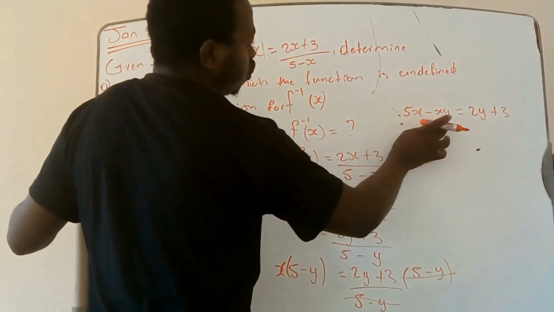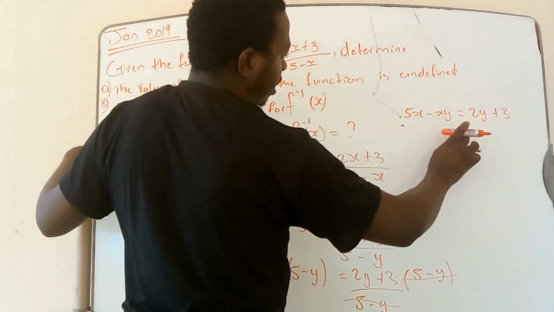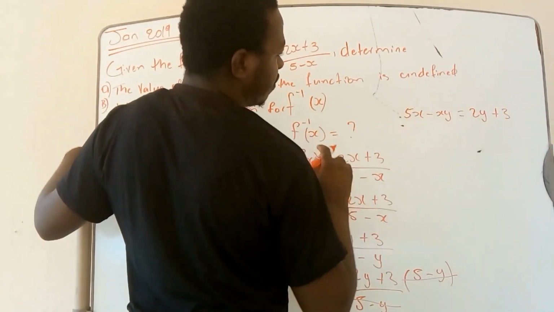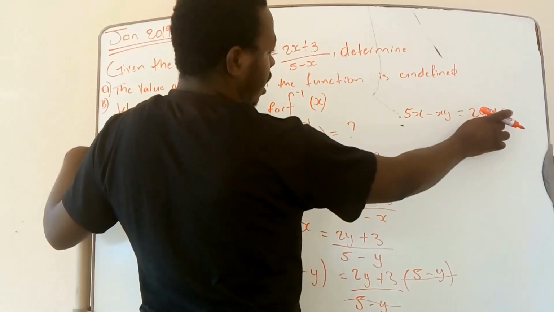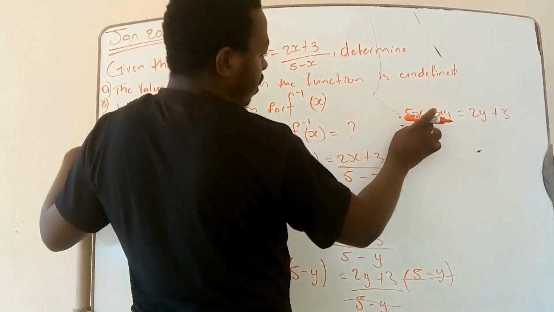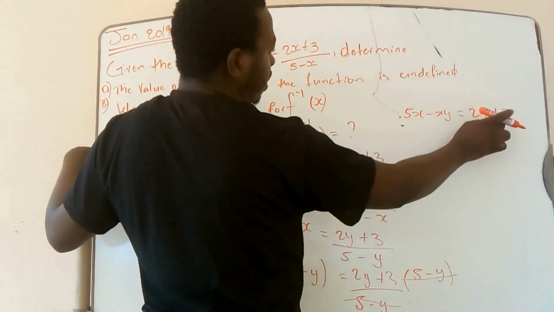Now all you need to do is to group all the terms with y. If I need to group all the terms with y on one side of the equation, it means that I need to get rid of this positive 3, and I also need to get rid of this minus xy. I'm going to get rid of the positive 3 first.